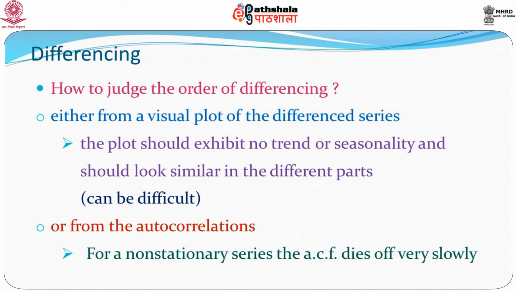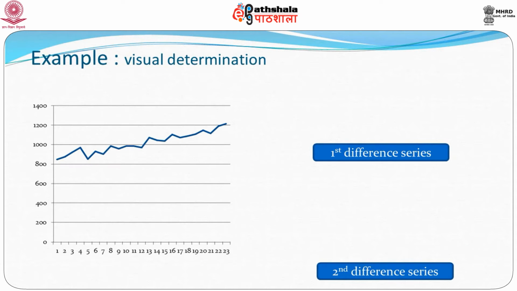Let us have a quick look at what these two mean. First of all, the visual plot. On the left hand panel, we have the data, and you can see that this is an increasing function. It starts somewhere around 800, a little more than 800, and ends up beyond 1200.